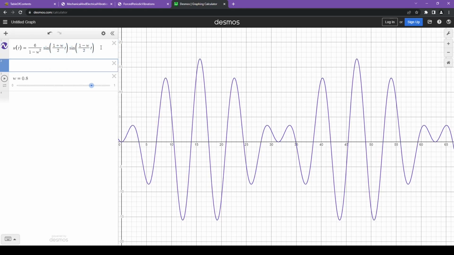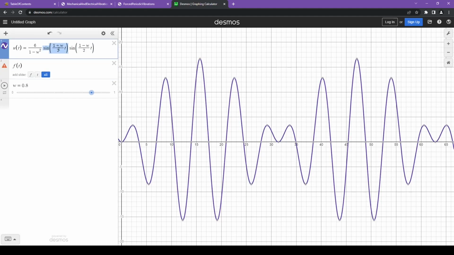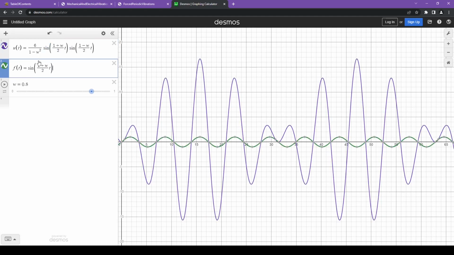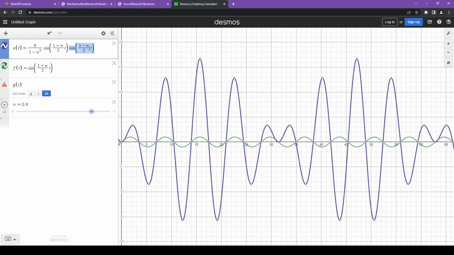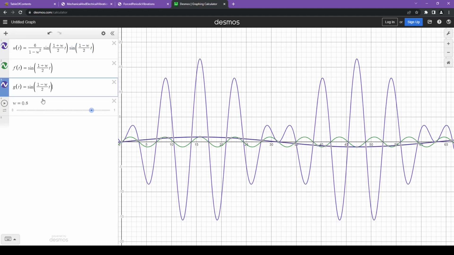If I plot them individually, we see the different effects that they have on the system.